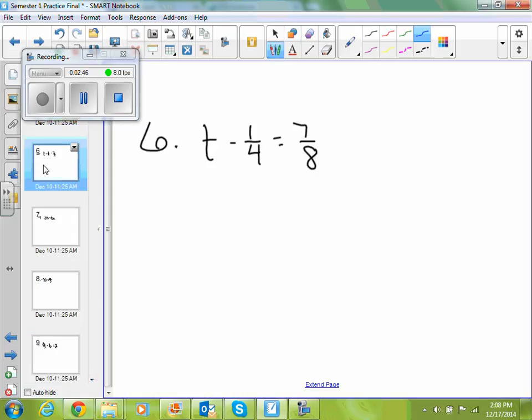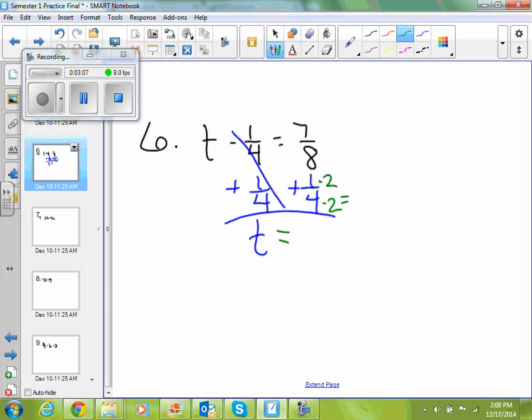Alright, number 6, we add 1/4, and we add 1/4. Okay, what has to be the same in order to add fractions? Is our bottom number, our denominator, the same? No, okay, so what do I need to multiply 4 by to make it 8? 2. 1 times 2 is 2, 4 times 2 is 8, because I knew I needed to make it 8, so I knew 4 times 2 would make 8.